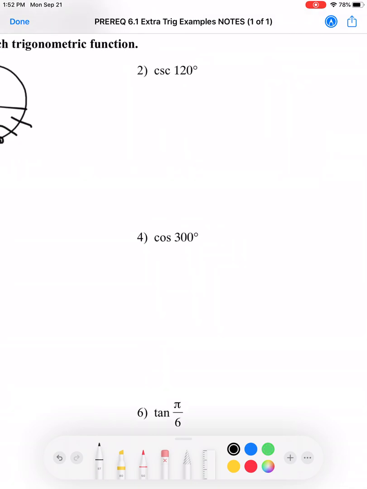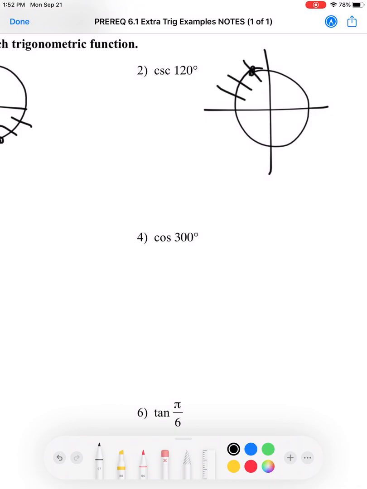Cosecant of 120. So 120 is going to be in quadrant 2. It's going to be this taller area up top. If you remember, cosecant goes back to sine. So cosecant is 1 over y. The y value there is a whole lot of y. So this is going to be 1 over root 3 over 2.